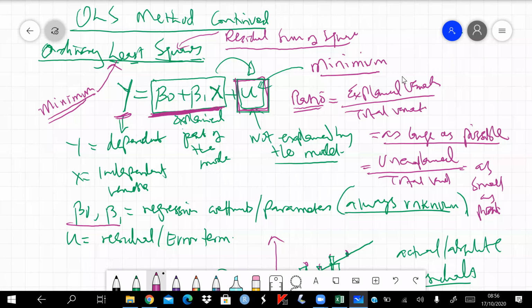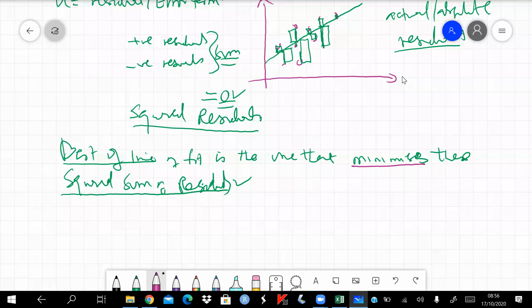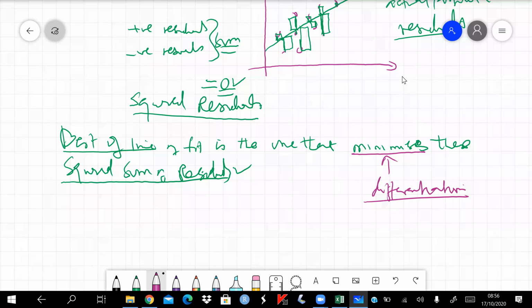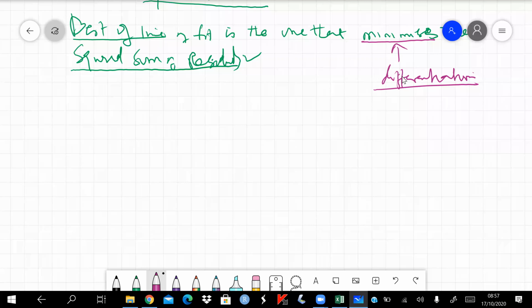So when we talk about minimization, we mentioned that minimization is obtained using differentiation. Okay, and we started by estimating the population regression function.